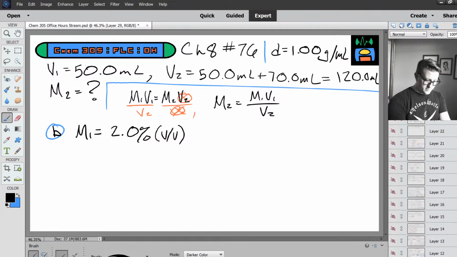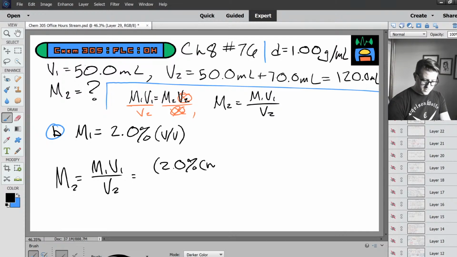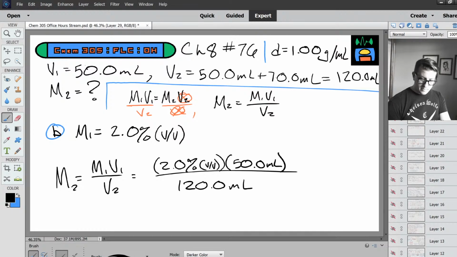And so here we have, again, M2 is equal to M1 times V1 over V2. 2.0% volume to volume times 50 mL over 120 mL, the math comes out exactly the same.